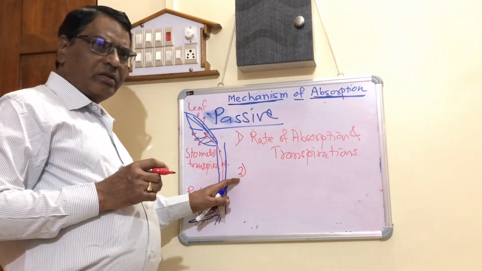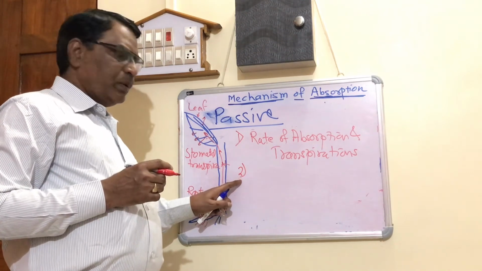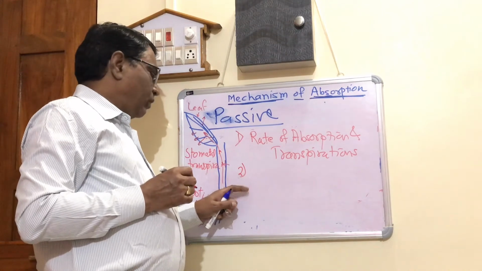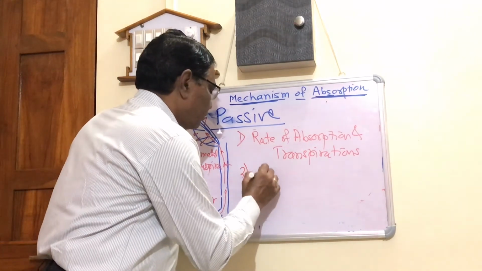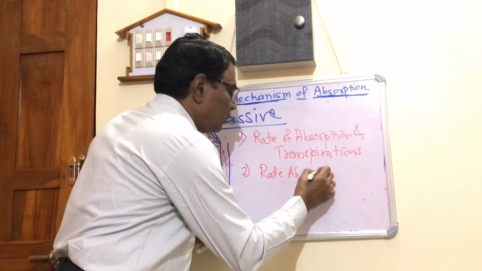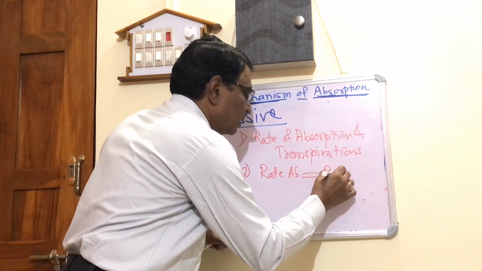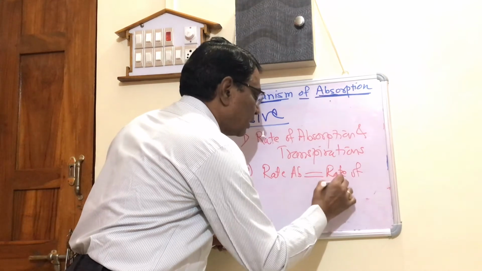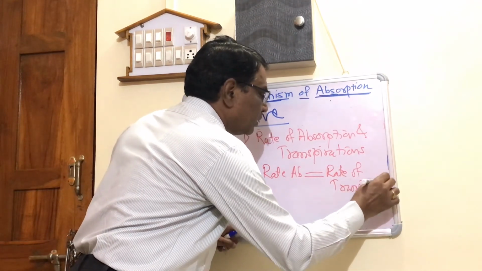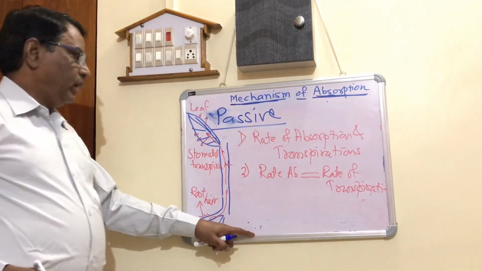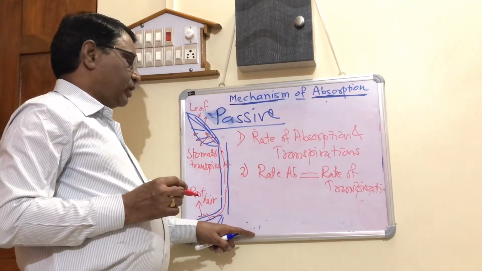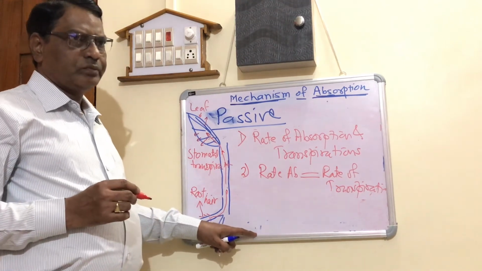Then furthermore, the rate of absorption of water is almost equal to the rate of transpiration. This is a very important practical evidence, or a very important merit of this passive absorption of water.